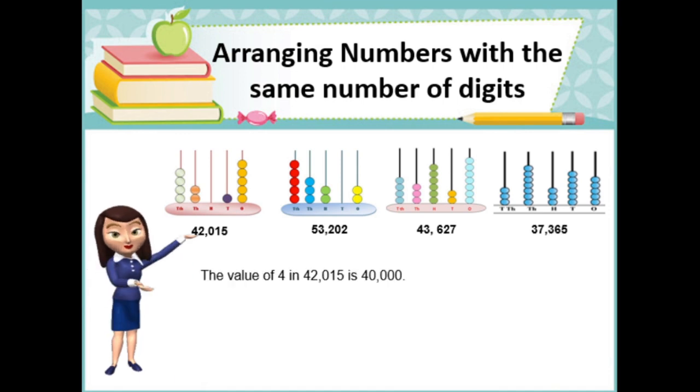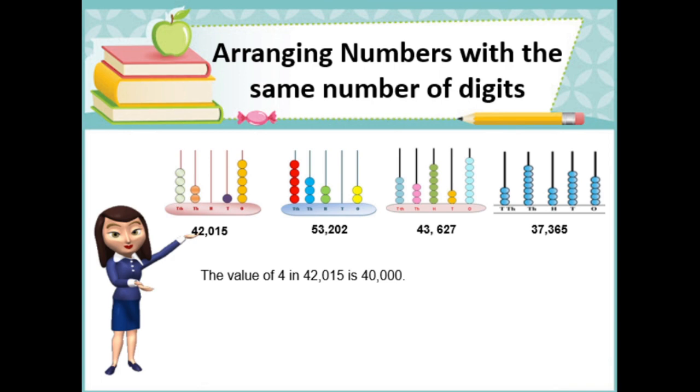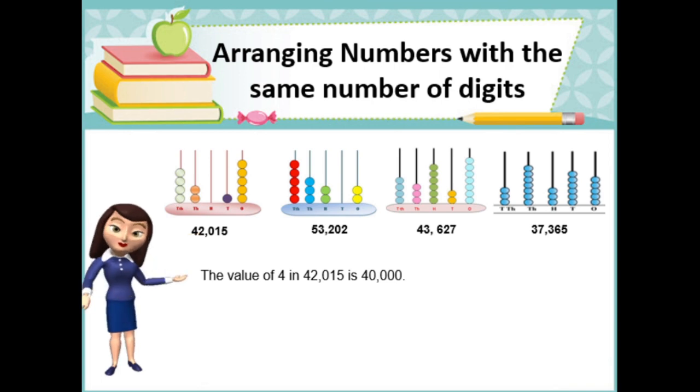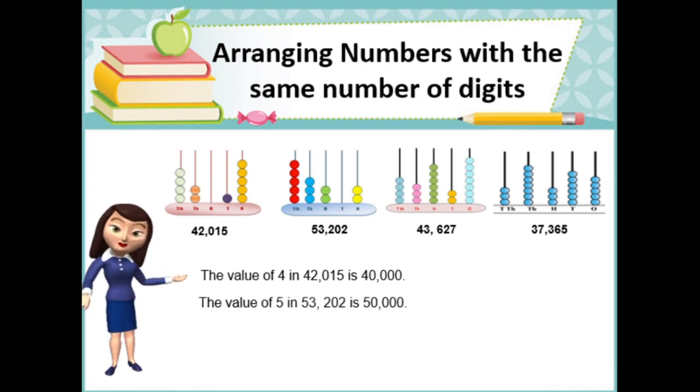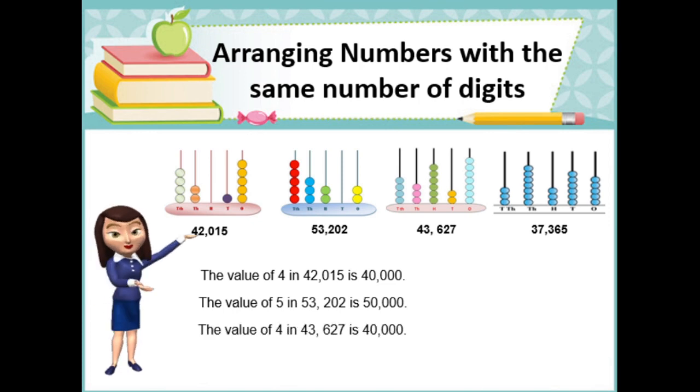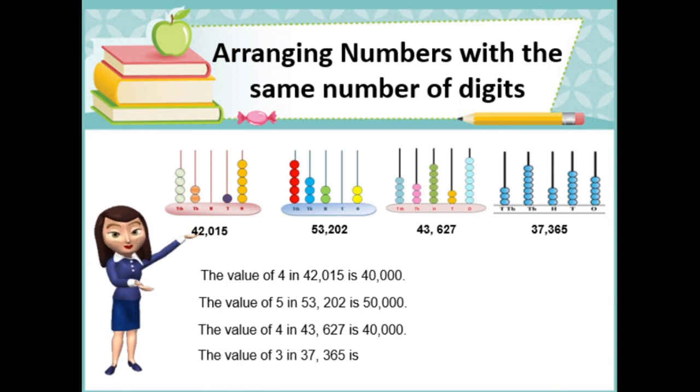We have to look at the first number and find their value. The value of 4 in 42,015 is 40,000. The value of 5 in 53,202 is 50,000. The value of 4 in 43,627 is 40,000. And the value of 3 in 37,365 is 30,000.